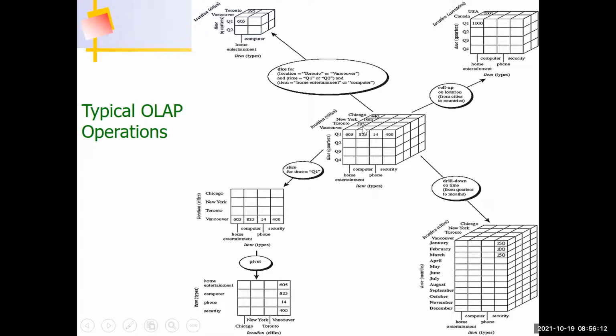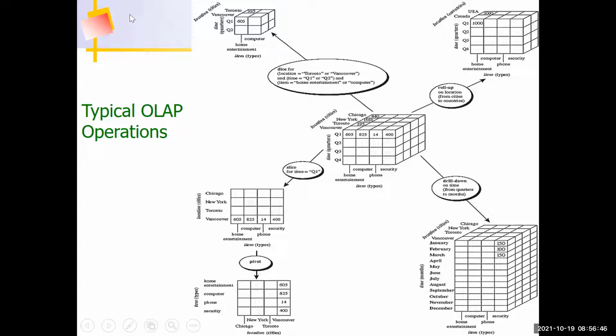And then you can dice. What is the meaning of dice? For example, you can dice for location Toronto and or Vancouver, and the time is Q1 and Q2, and the items are home, entertainment, and computer. So when you say dice, look at the top left here. You take a small portion of that big cube. Can you imagine that?